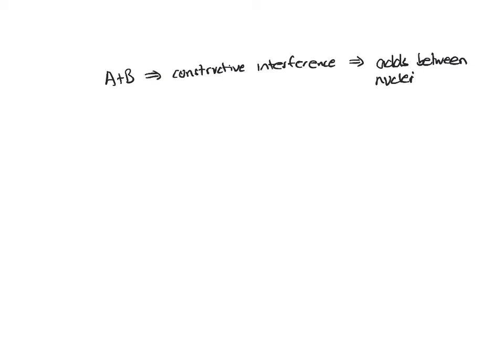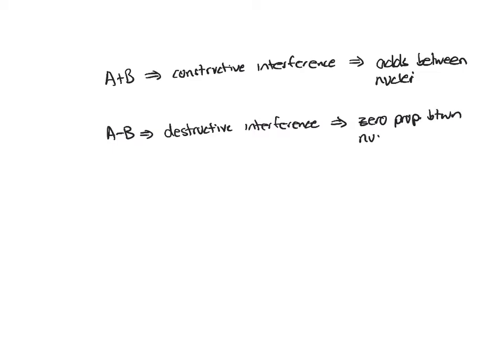And in our A minus B combination, we end up with destructive interference, because the waves are out of phase, and that ends up with a zero probability between the nuclei, or a node between the nuclei.